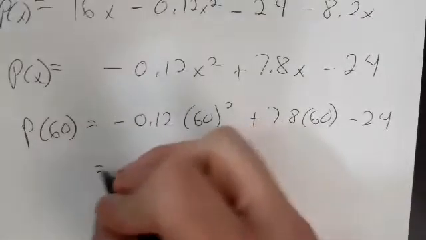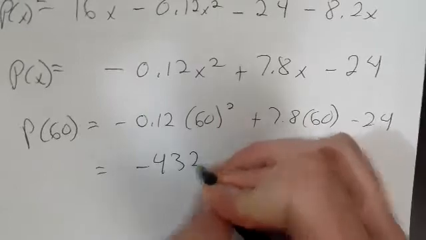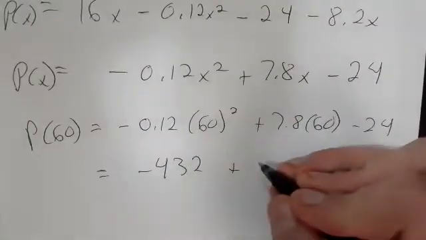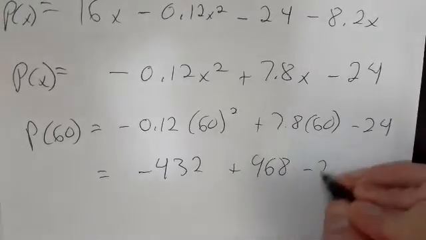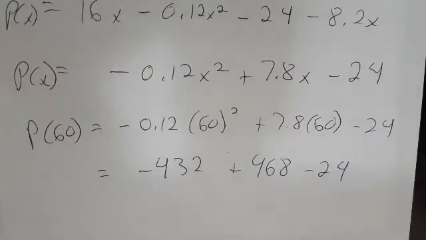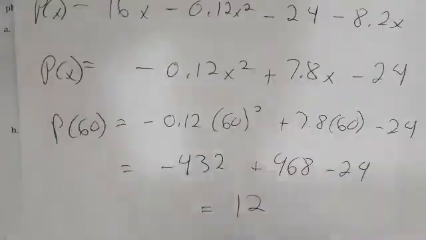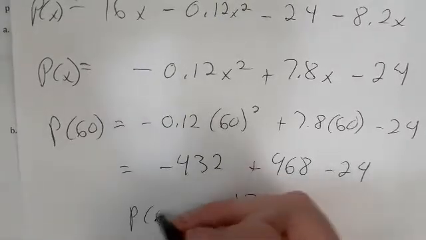So this is minus 432 plus 7.8 times 60, which gives me 468. Subtract 24. So I do minus 432 plus 468, subtract 24, and that should give me 12. So P of 60 is going to give me 12.